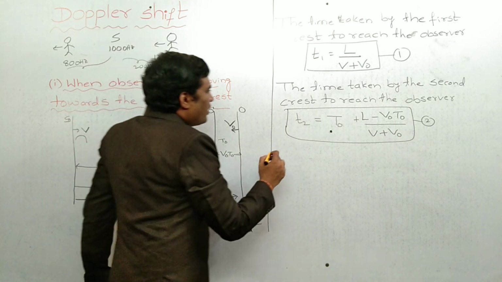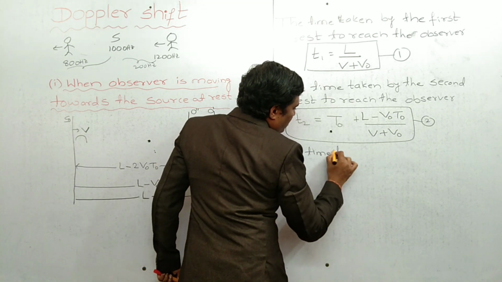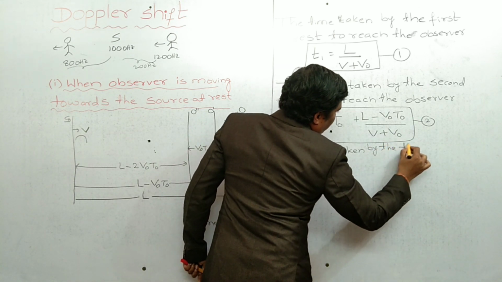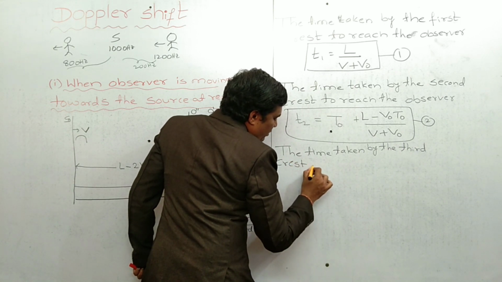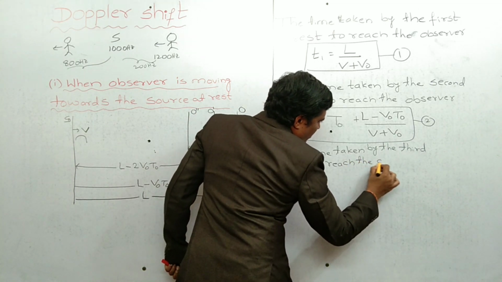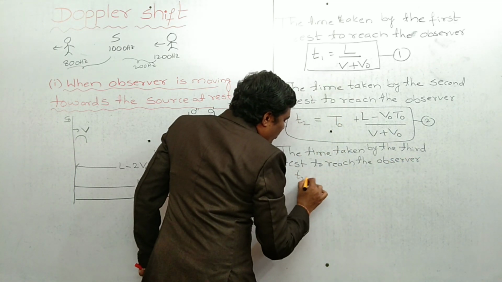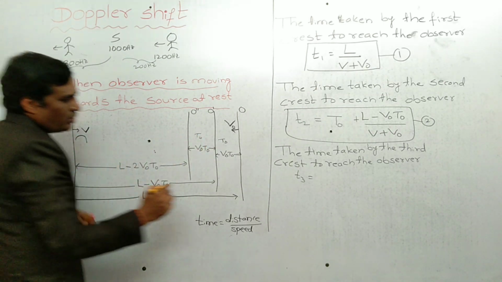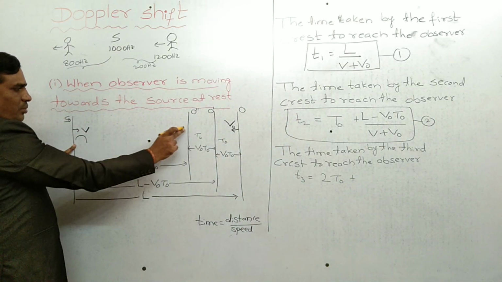So the time taken by the third crest to reach the observer, t3 equals, after 2 t naught time interval only the third crest will be produced, so 2 t naught plus the time it takes to reach the observer.